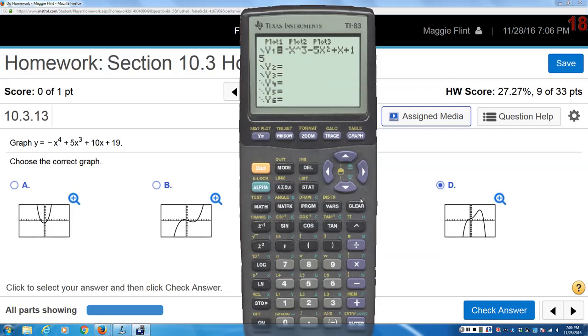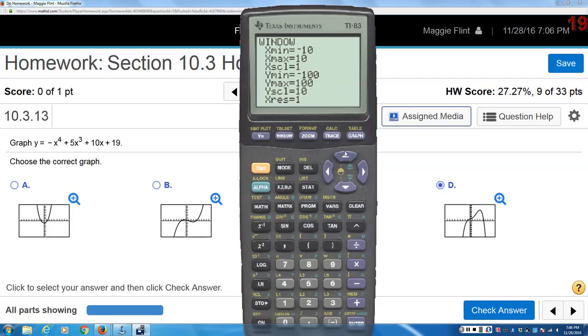So we go in here and it's negative x to the 4th power plus 5x to the 3rd power plus 10x plus 19. And here again, that has a y-intercept that at least is positive, so we know that's probably not scaled by 1. So the window we have is still on the one we used before.